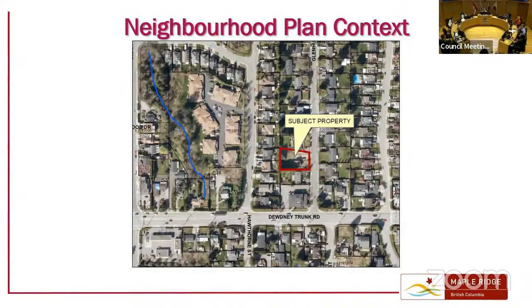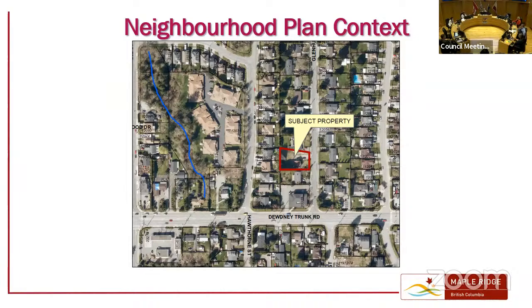The subject site currently contains a single family residence that will be demolished prior to final approval of this rezoning application, as well as approval of the subdivision. The property is relatively flat with the exception of some localized slope in the center, as well as the northeast portion of the property.